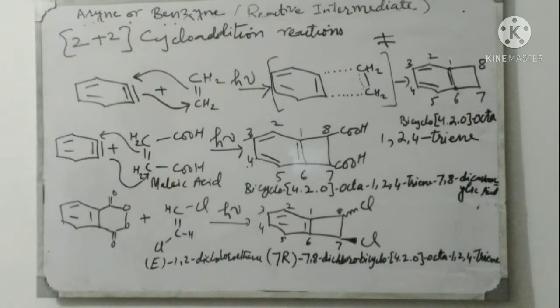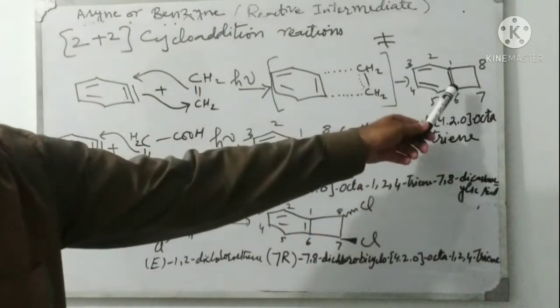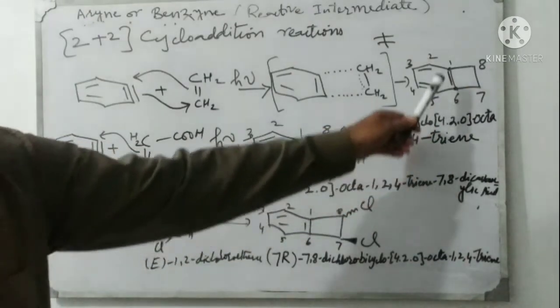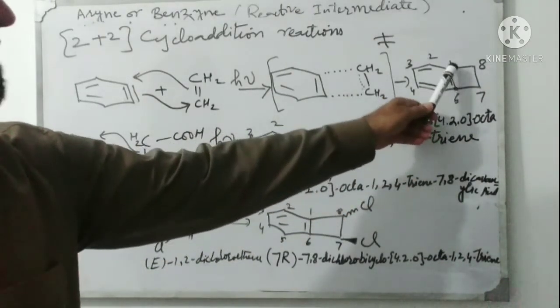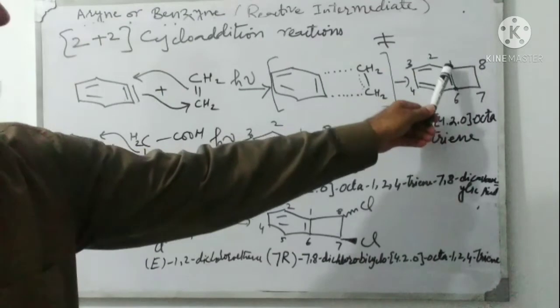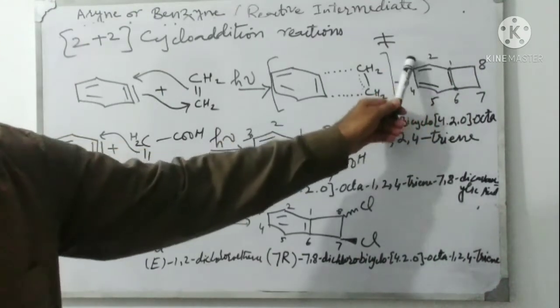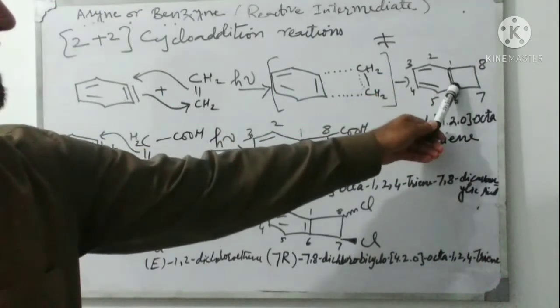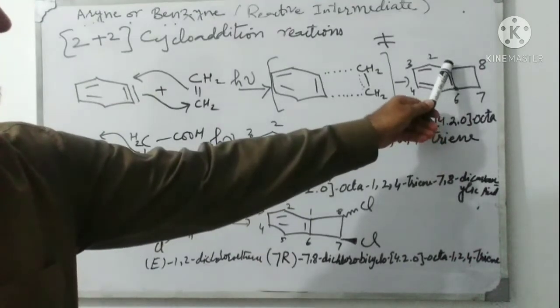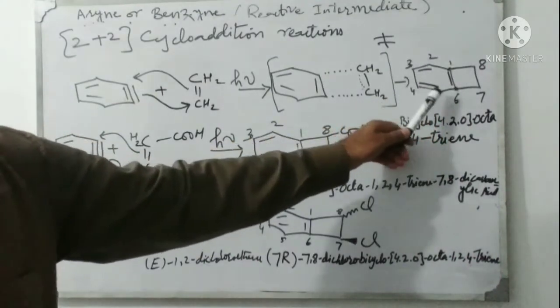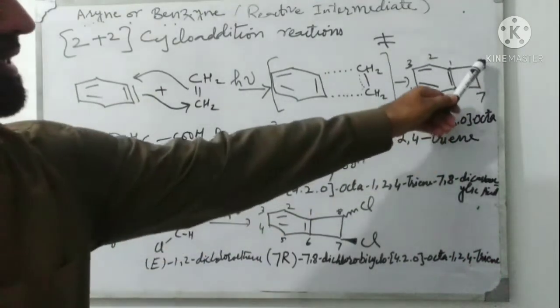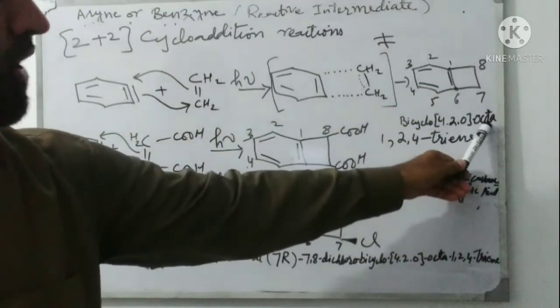This is a bicyclo compound. It has 2 cycles. So how do we name this compound? These are the 2 bridgehead carbons. We start the numbering from one bridgehead carbon in such a way that the maximum number goes to the other bridgehead carbon. So we start here with 1, 2, 3, 4, 5, 6, 7, 8. It's 8 members, therefore we use octa.